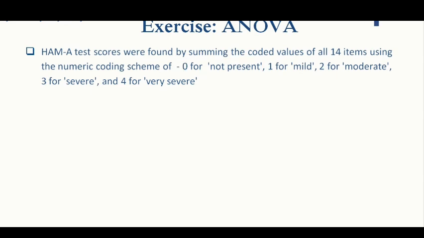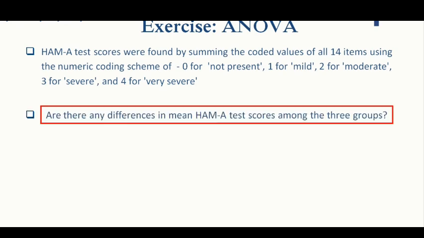So you will code them by 0, 1, 2, 3, etc. and then take the total of all these values, and that forms your response variable. So the HAM-A is the response that we are observing among the three different groups.